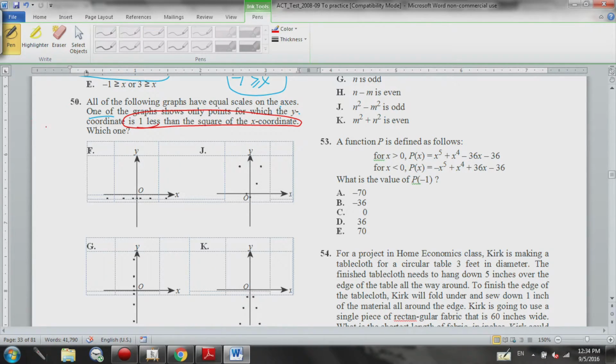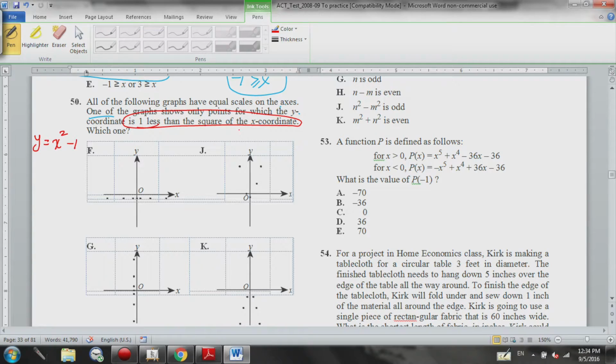If you were to transform that into an expression, it would be y equals x squared minus 1, the y coordinate is 1 less than the square of the x coordinate. That's the first part, then it's easier. And if you know that this is a parabola, then that's also super easy.